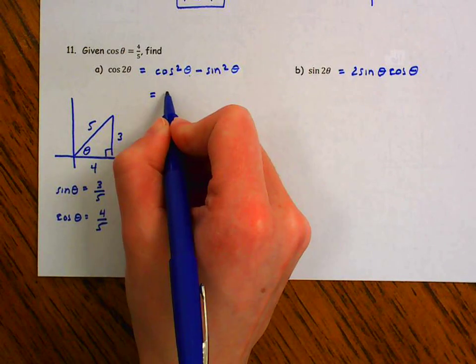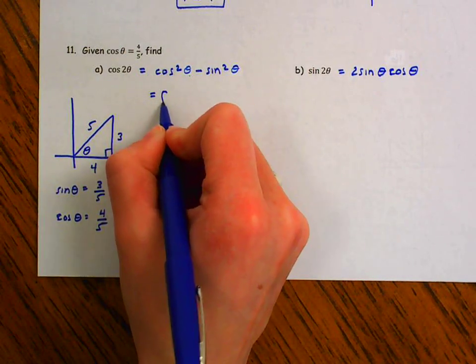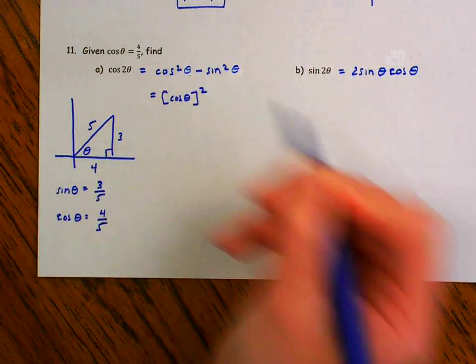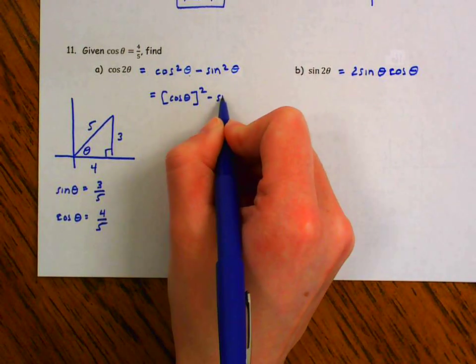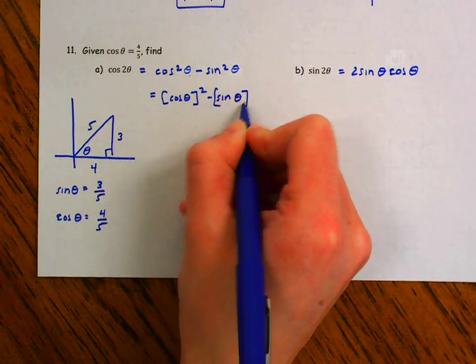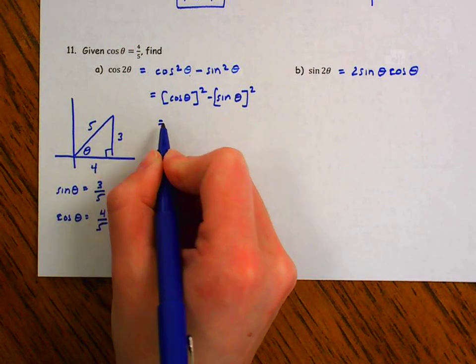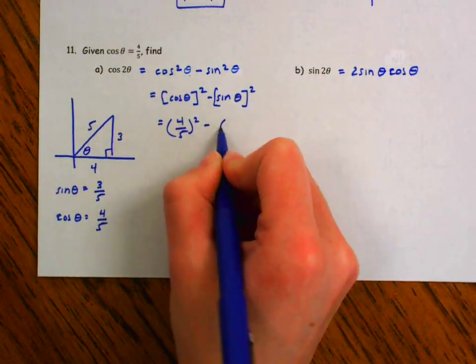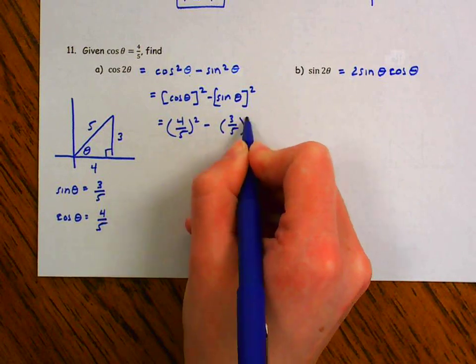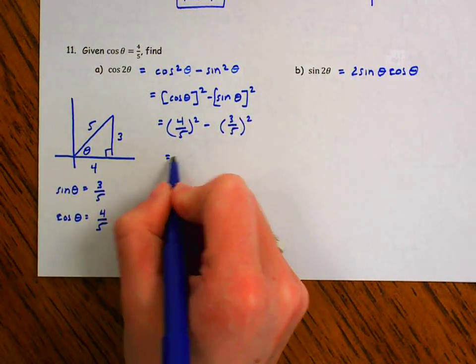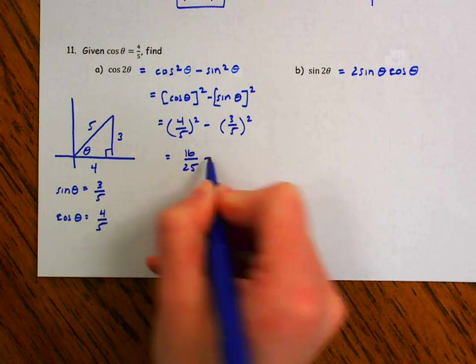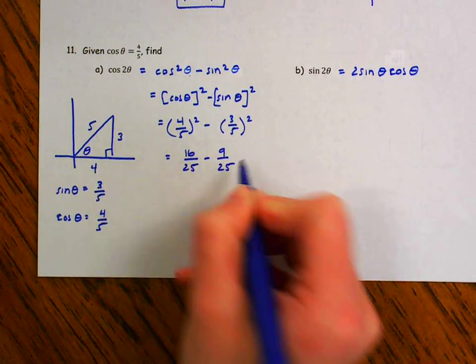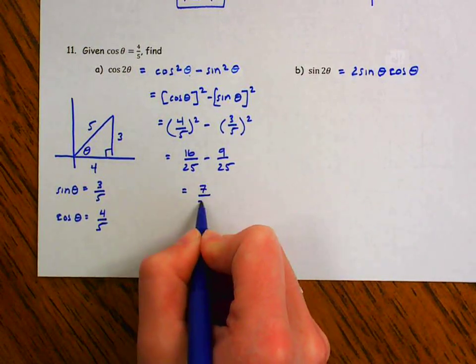Cosine of 2 theta is the same thing as cosine squared minus sine squared. Well, the value of cosine is 4/5. The value of sine is 3/5. That's going to give me 16 over 25 minus 9 over 25, which is 7 over 25.